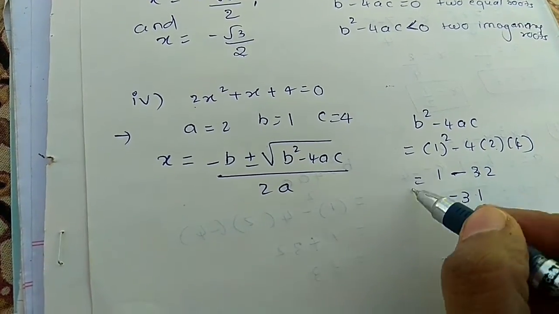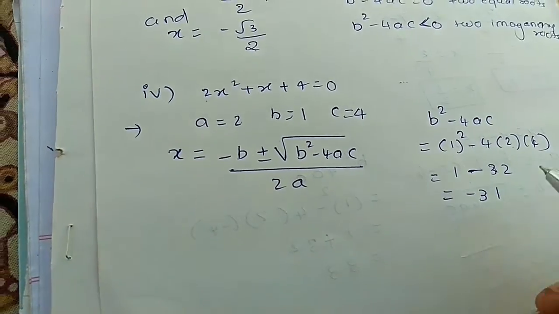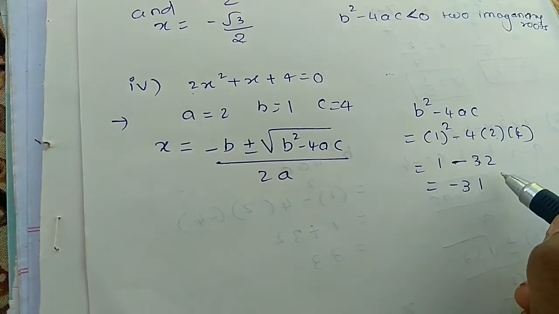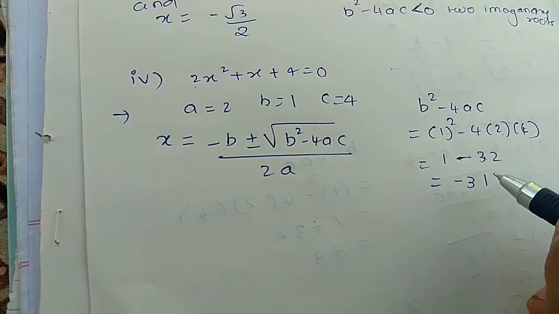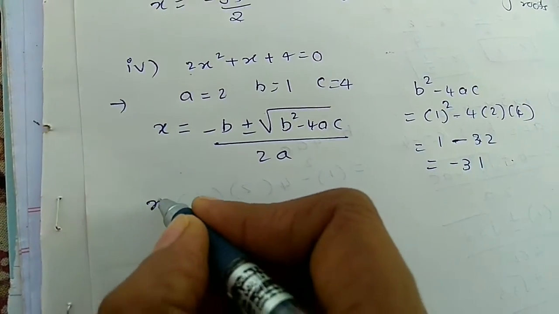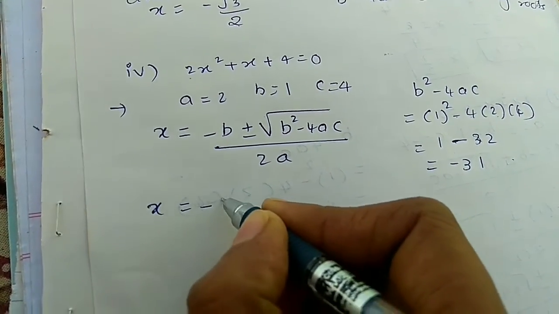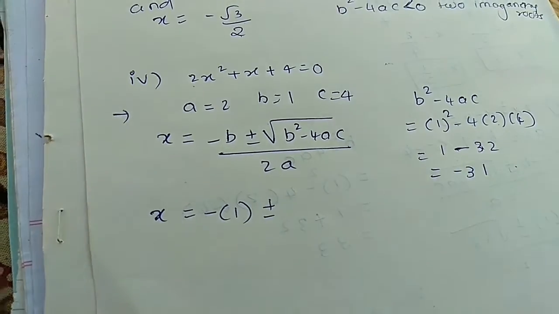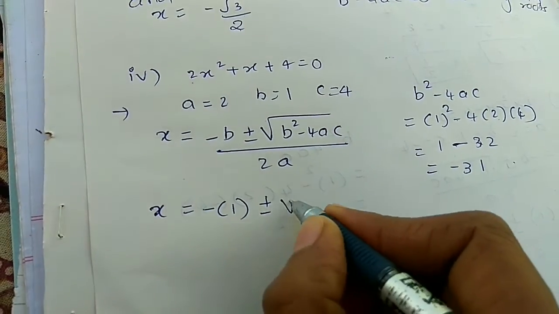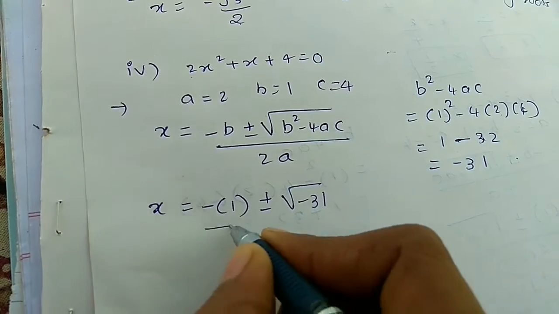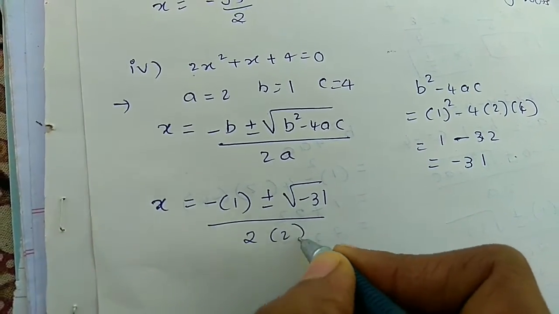As we know, this indicates the nature of roots. As b square minus 4ac is less than 0, you will get two imaginary roots. So let us start. x equals minus b, that is minus 1, plus or minus root minus 31, divided by 2 into a, that is 2.